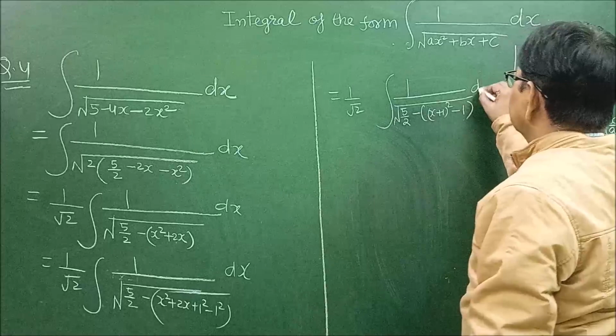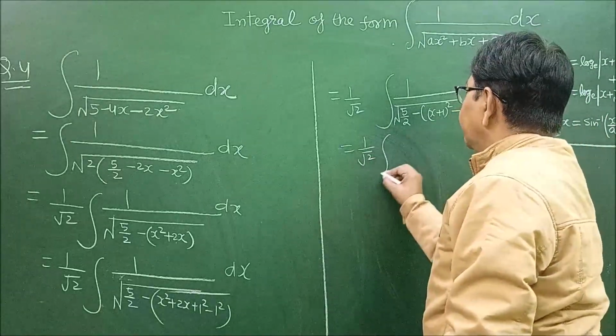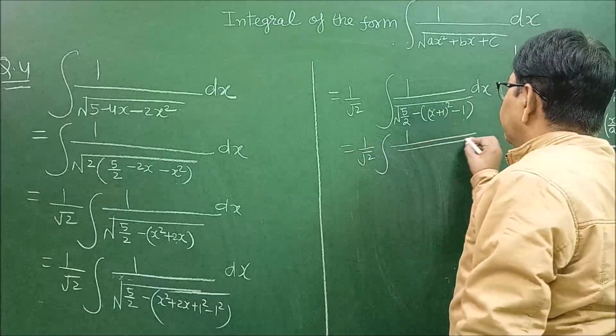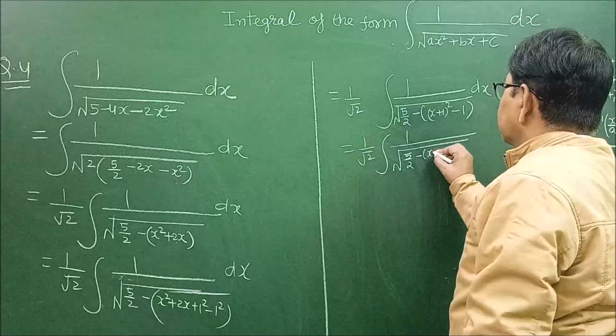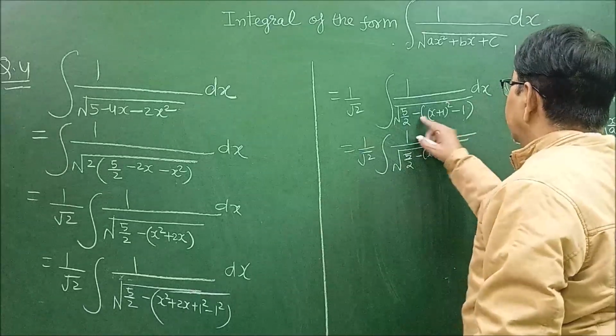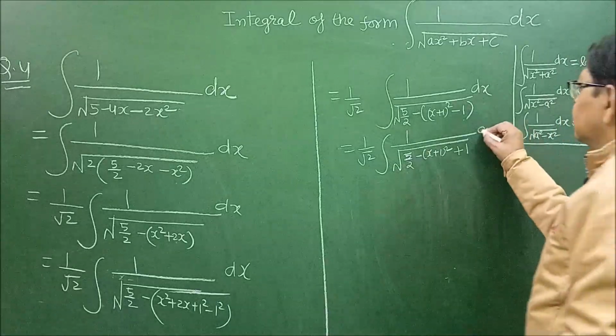So dx, this is equal to 1 upon root 2 integral of 1 upon under root of 5 upon 2 minus x plus 1 whole square, and this minus minus becomes plus 1 dx.